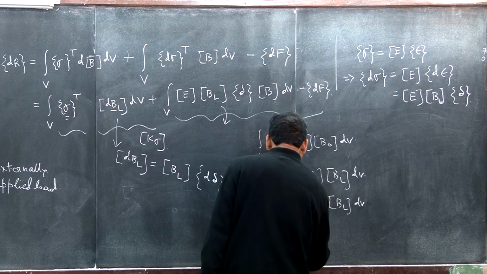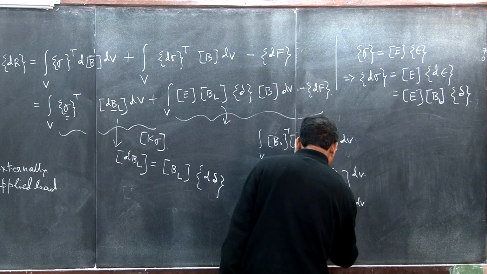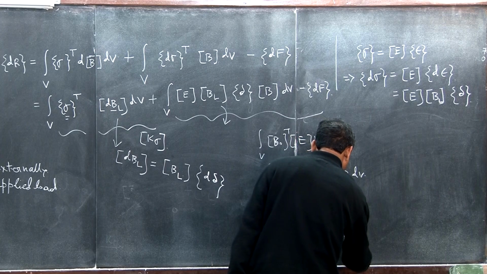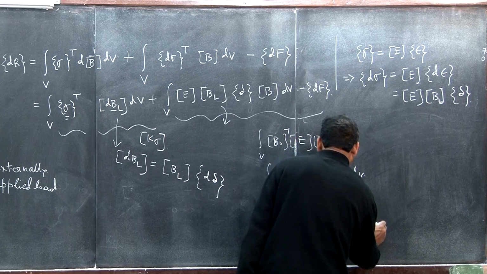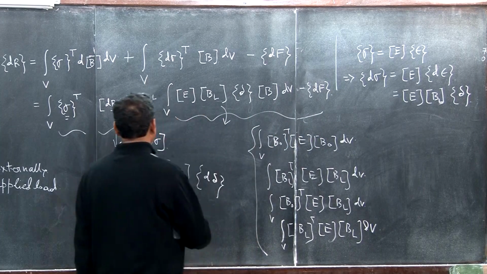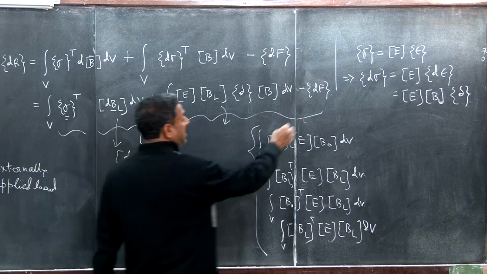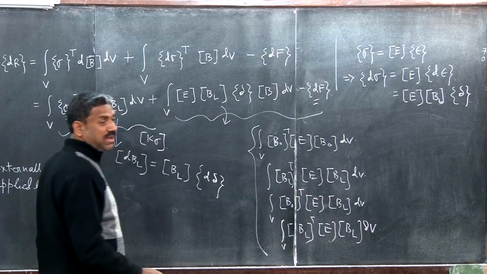And another one will be BL transpose E BL dB. So this additional thing will come from this, okay, and then there is the incrementally applied external load dF, okay.